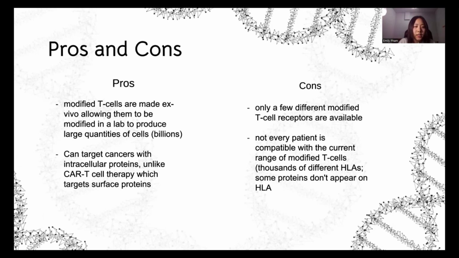But a major con is that there are only a few different modified T cell receptors available, meaning that not every patient can receive this therapy because the T cell receptor must be compatible with both the HLA and the type of protein on the cancer cell. And since there are thousands of different HLAs and some of the proteins inside of the cell cannot appear on the HLAs in some cases, not every patient is compatible with this type of therapy.